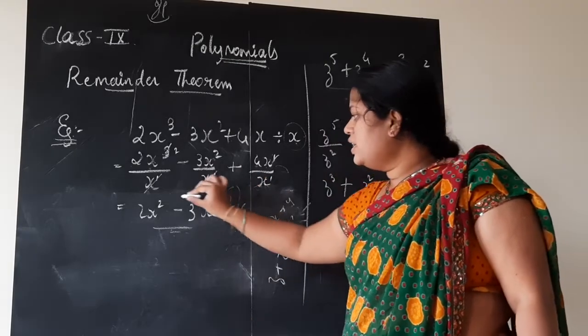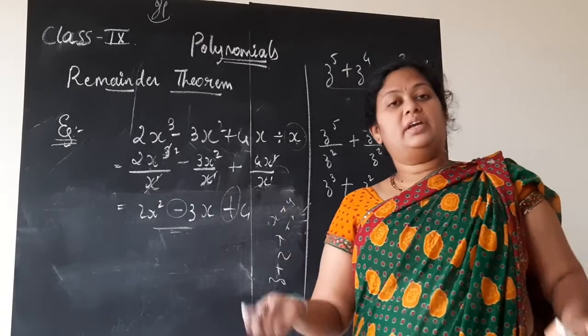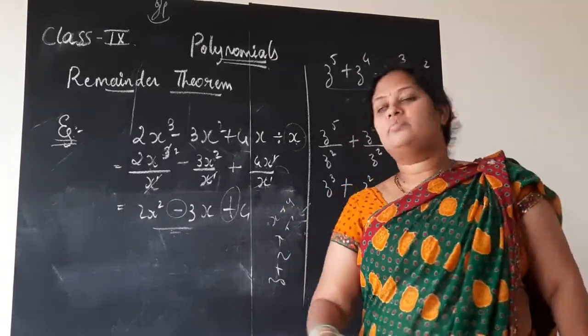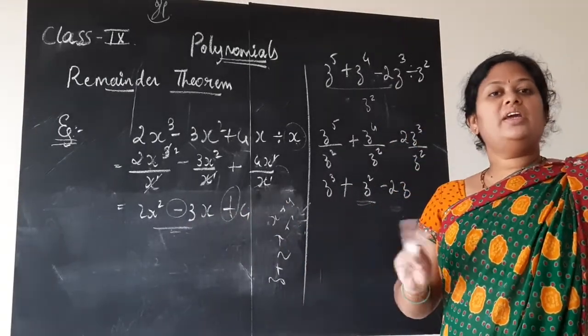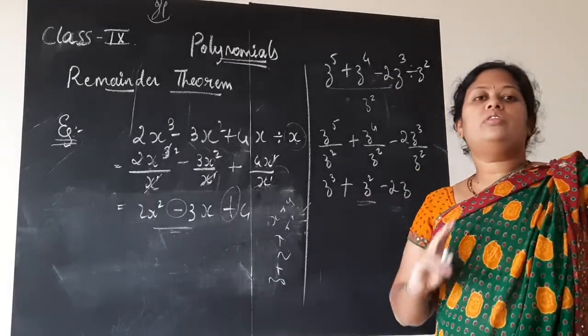Either the plus sign or minus sign, if it is there in between the terms, then only they are separating the terms. Multiplication and division signs do not separate the terms. Only addition and subtraction separate the terms. So in between any two terms, if a plus or minus sign is there, we say two terms are there.